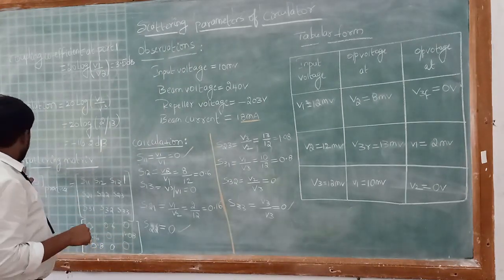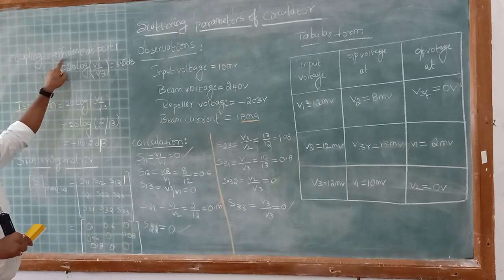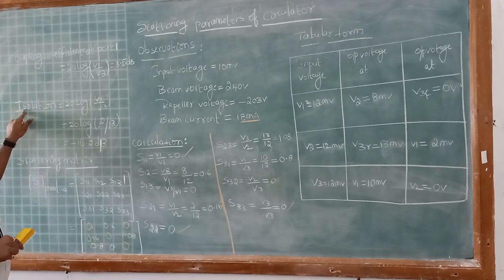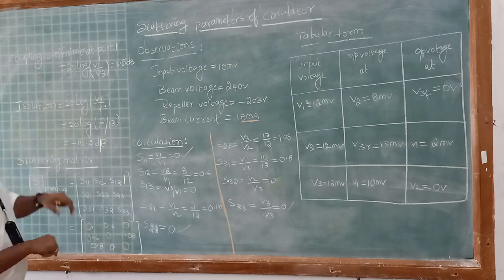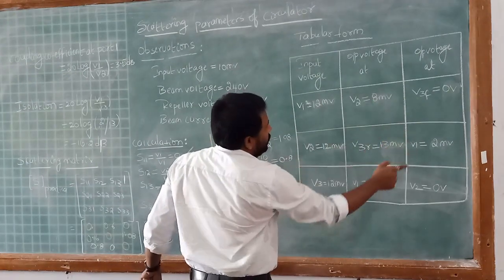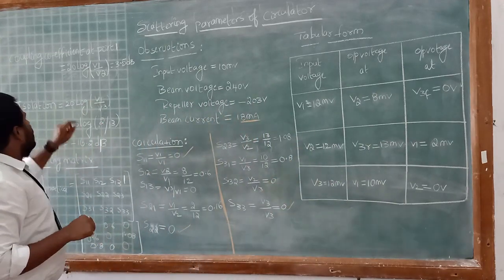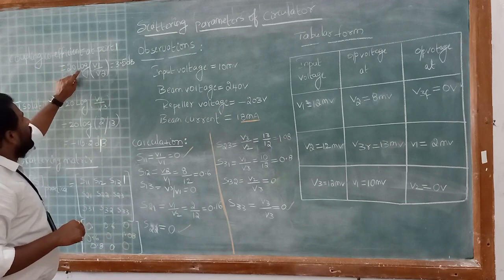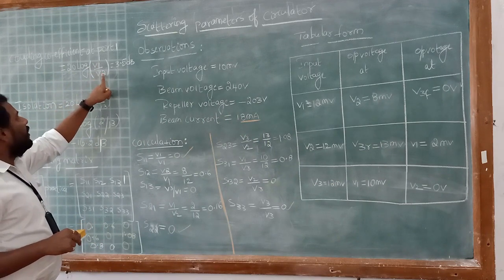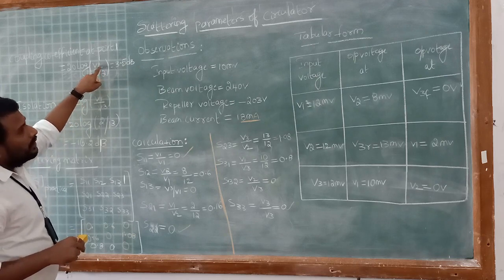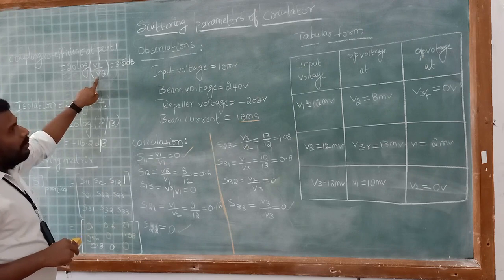After finding the scattering matrix, you have to find the coupling coefficient as well as isolation. For the coupling coefficient at port 1, I have taken all values in voltages, because of that reason I am using the formula 20 log of V1 by V2. We know the values: voltage at port 1 is 12 millivolts, voltage at port 2 is 8 millivolts.